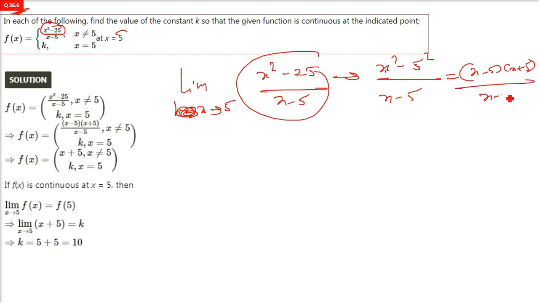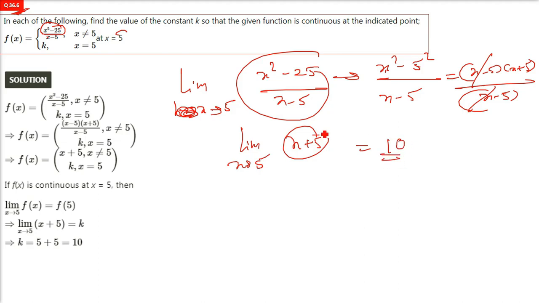You can just cancel this x minus 5 and x plus 5 will remain. Apply the limit x tends to 5, it is going to be 5 plus 5, which is 10. Now this has to be equated to k. Because the value of the function at 5 is k, k is 10. This is your answer.